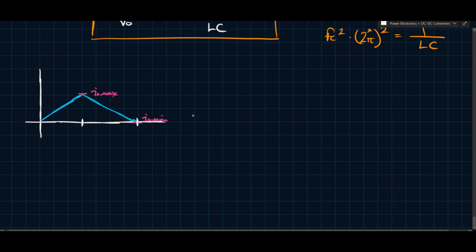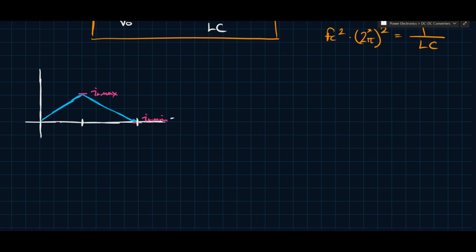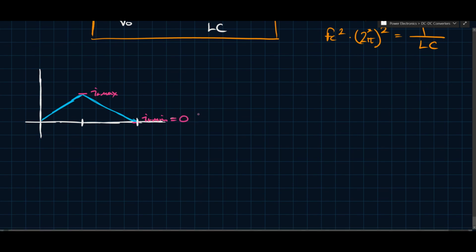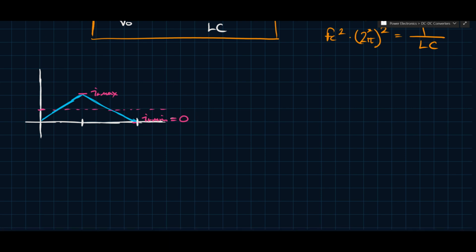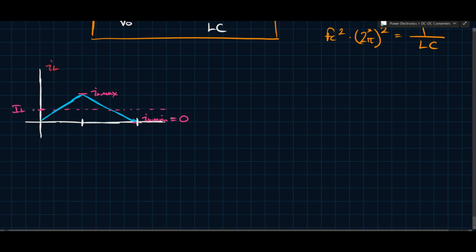And so for this condition where we have IL min equaling 0, you have a corresponding average current, right? This is the inductor current, so this has to be IL. And so the boundary, which is defined as when the minimum current is 0, corresponds to the average being equal to ILB, B being boundary, right?